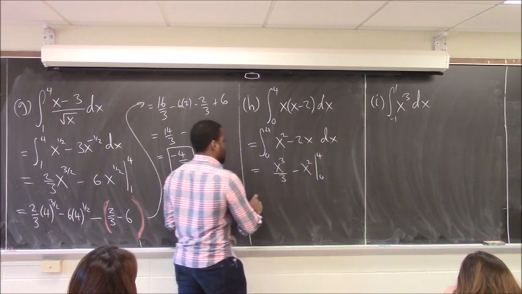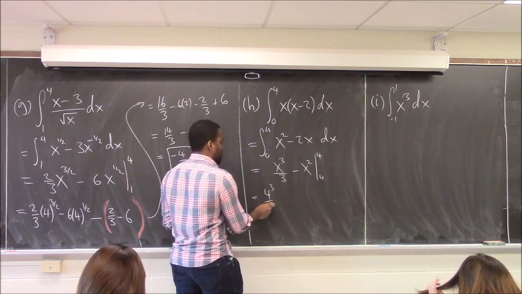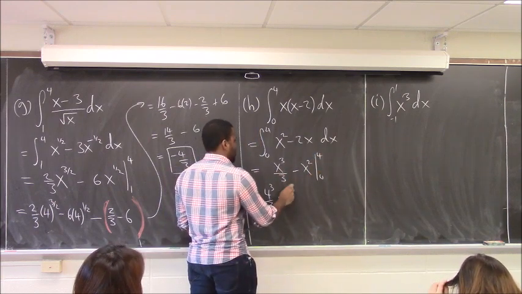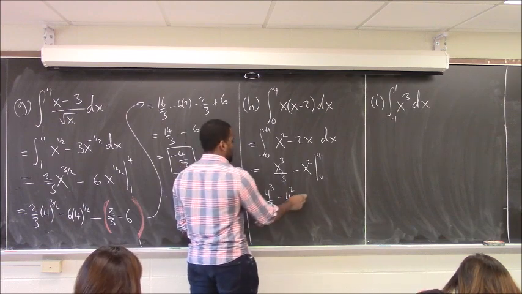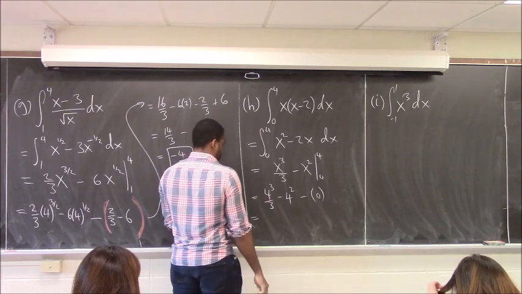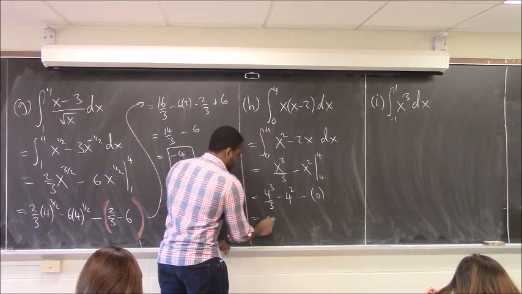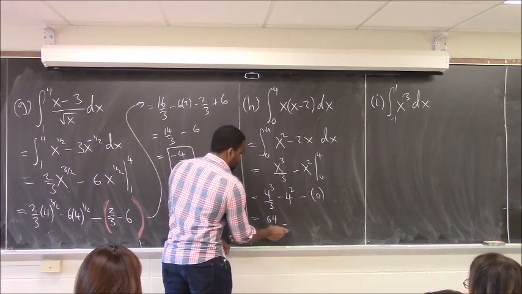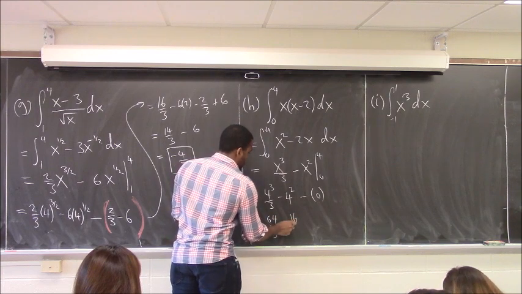Plug in the 4. 4 cubed over 3 minus 4 squared, minus 0. 4, 16 times 4, that's 64 over 3 minus 16 over 3.